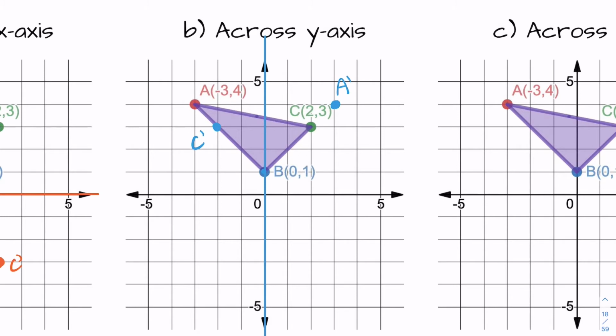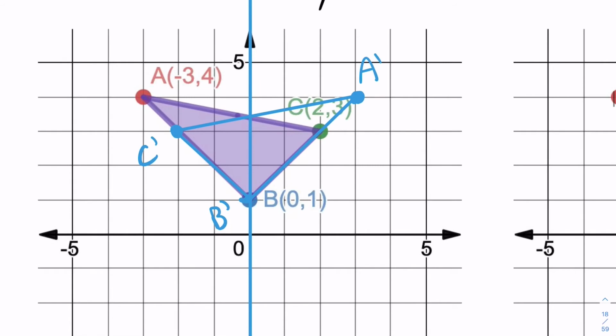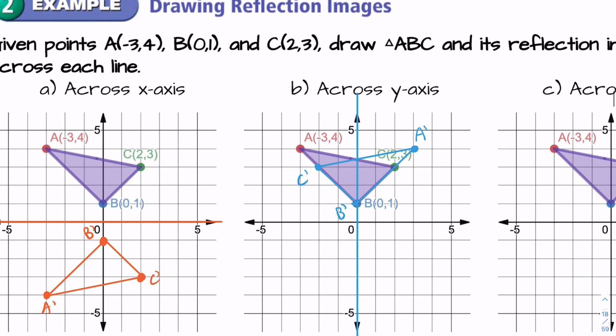And then here's our B prime. It's stuck. It's okay. And then here's our next triangle. And that is it. It's overlapping. It kind of looks like an airplane or something. Like a futuristic jet, stealth jet. All right, there we go.